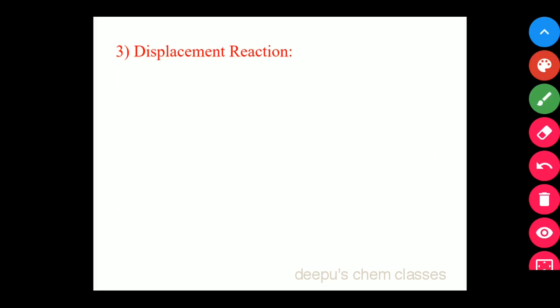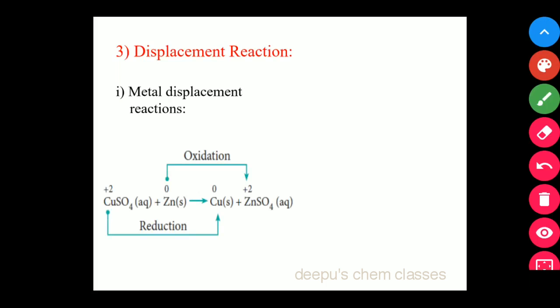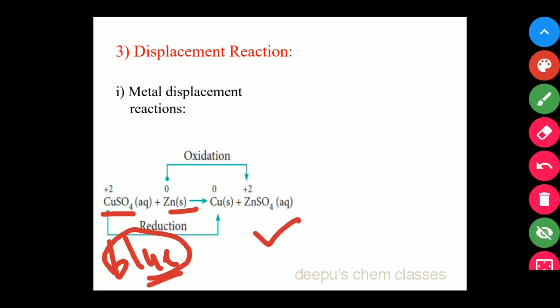In displacement reactions, let us see the first one, the metal displacement reaction. Let us see an example for that. Copper sulfate, you may have studied this example in 10th standard itself. Copper sulfate is blue in color. When you add zinc to this blue colored copper sulfate solution, what will happen after the chemical reaction? The blue color of the solution slowly disappears.